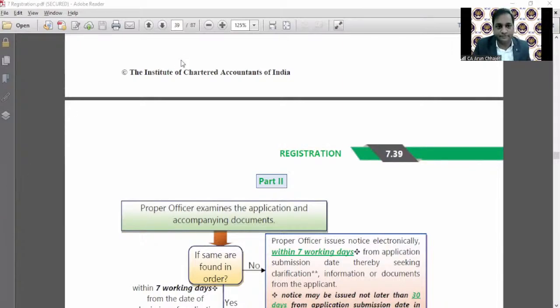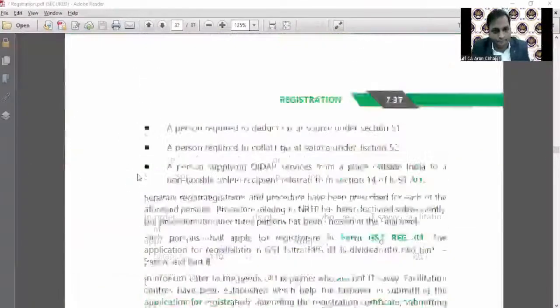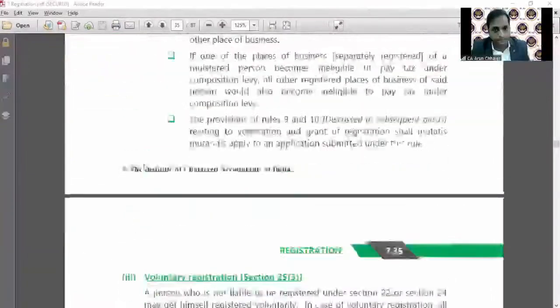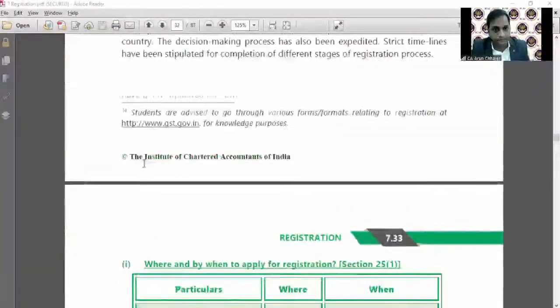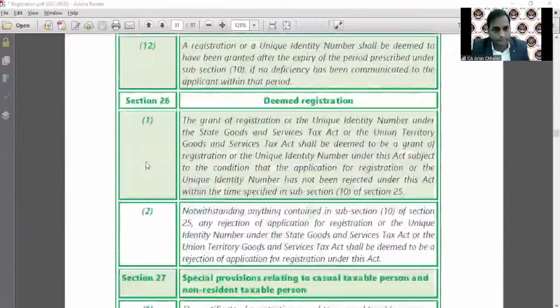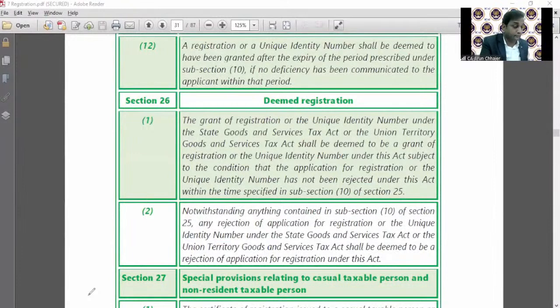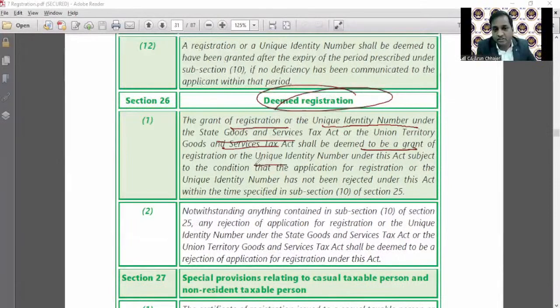Come to page number 31. Deemed registration means, if I have applied for GST, then the grant of the registration or the UIN number by the CGST, SGST or UTGST shall be deemed to be the grant of the registration, or the UIN number, for registration or the UIN number has not been rejected under this section 25(10).